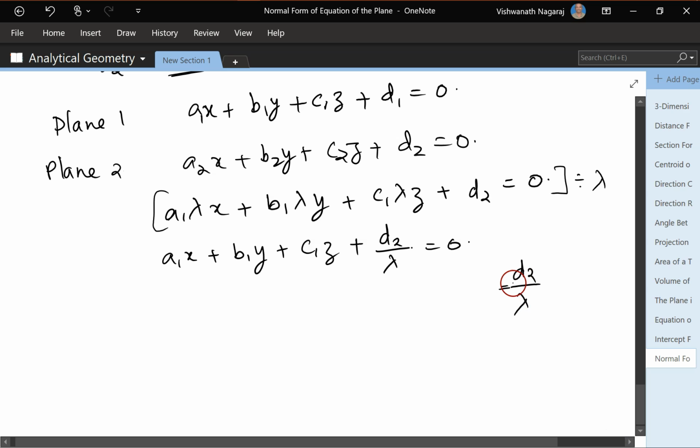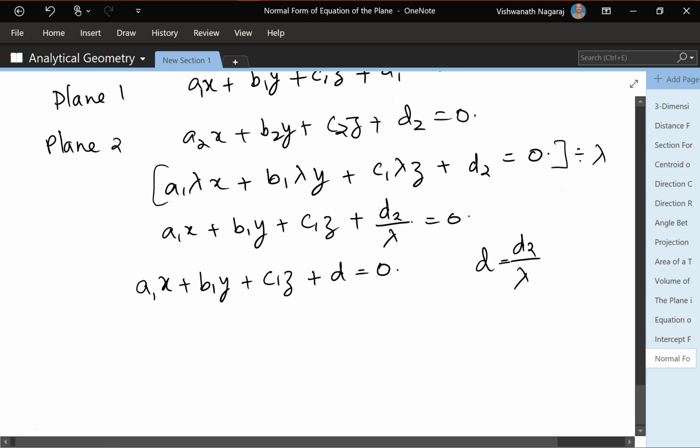So we can name it using a separate alphabet. Let us say d equal to d2 by lambda. So our equation would become a1x plus b1y plus c1z plus d equal to 0.